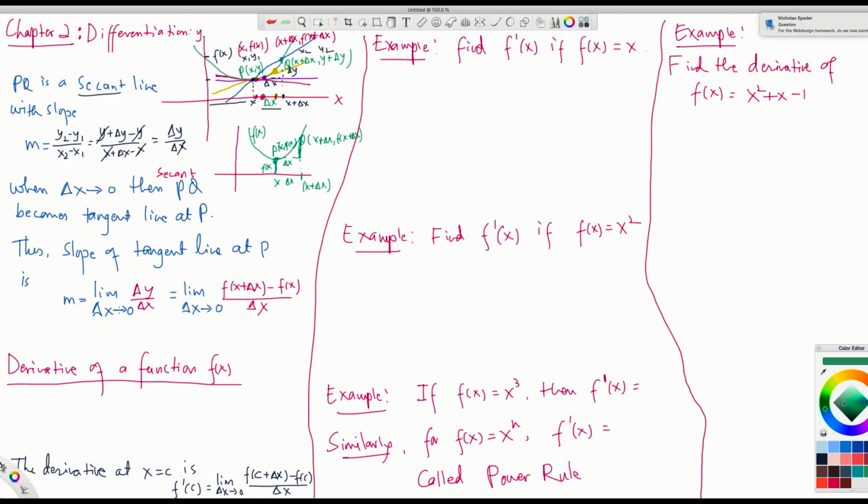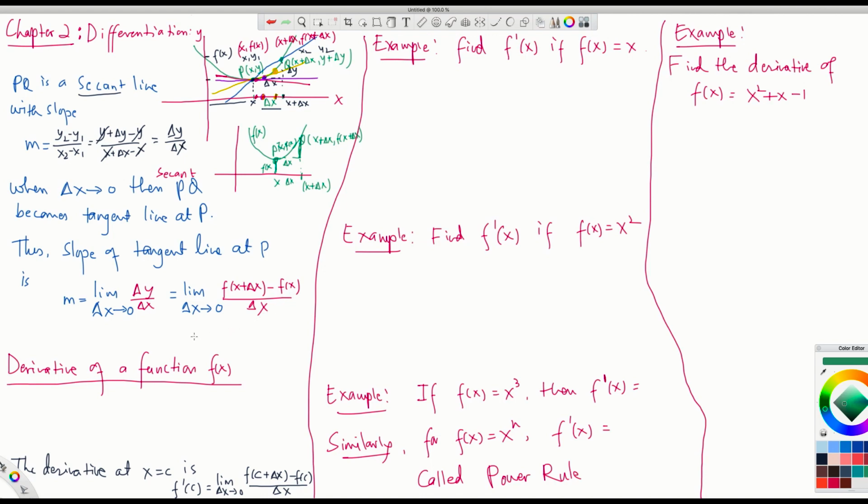So how can you find the slope of the tangent line then? It can be found as the limit as delta x tends to 0 of change in y over change in x, or delta y over delta x. Or another way of saying exactly the same thing is the limit as delta x tends to 0 of f of x plus delta x minus f of x, over delta x.